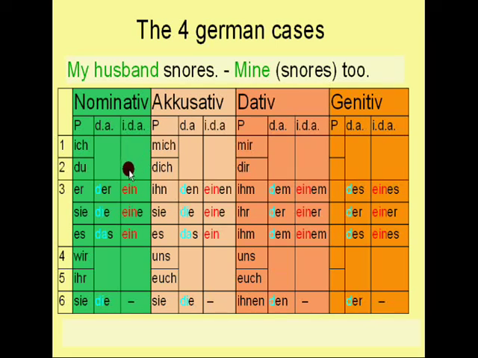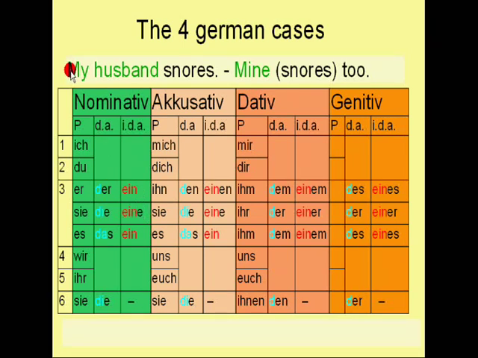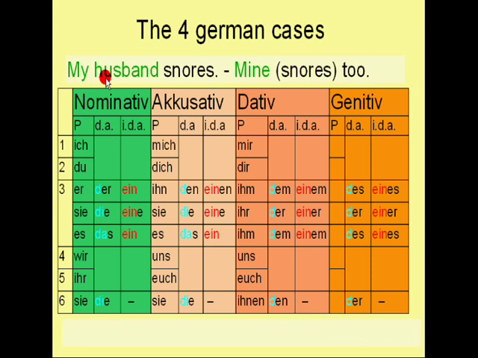So we know that we need to replace the word ein here, the word stem of the indefinite article, because this possessive pronoun here accompanies a noun. So it's just like you learned in my last video. We replace it now with the word stem of the possessor.